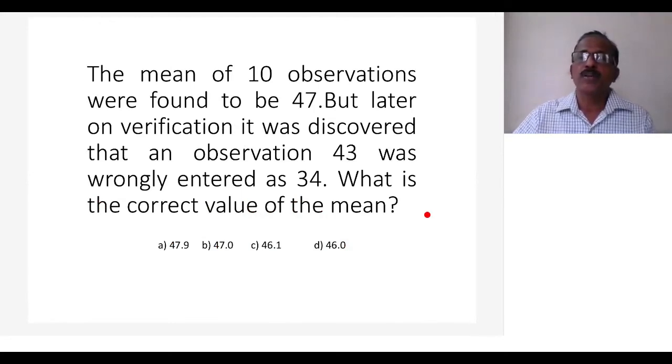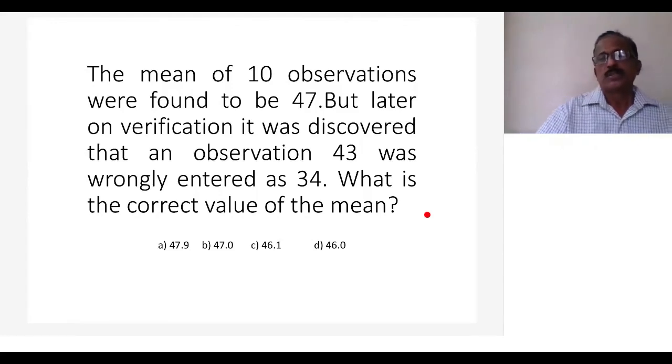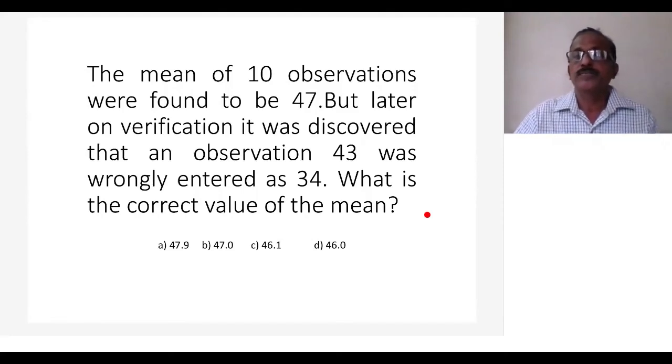But later on verification, it was discovered that one observation, 43, was wrongly entered as 34. What is the correct value of the mean? So here, the mean of 10 observations was found to be 47.